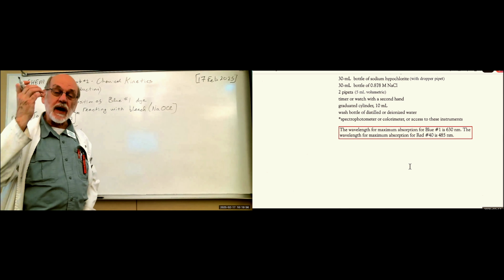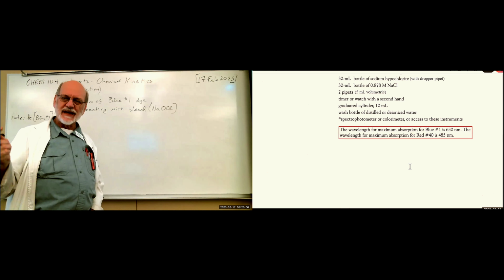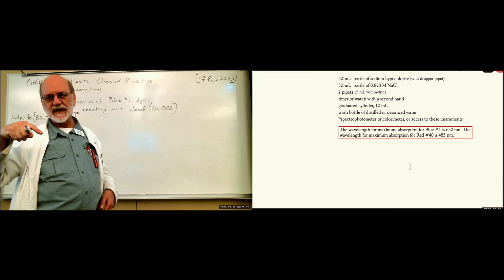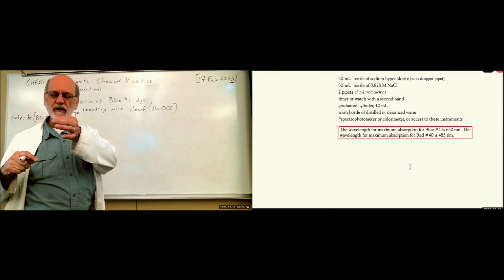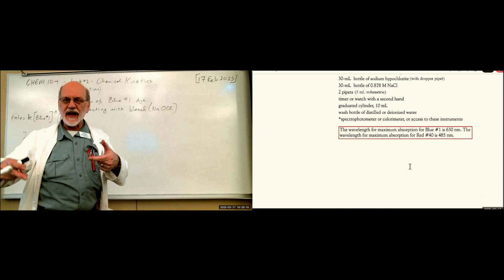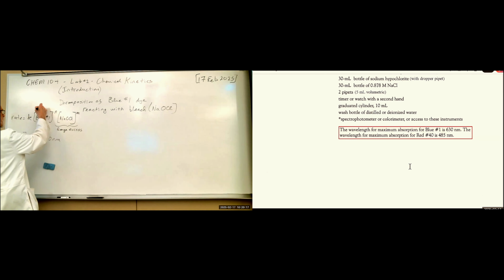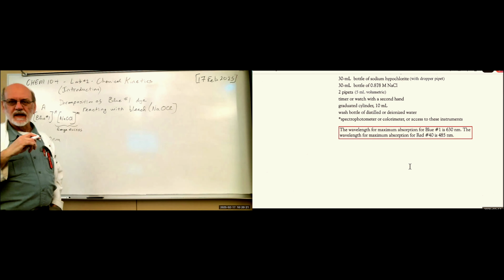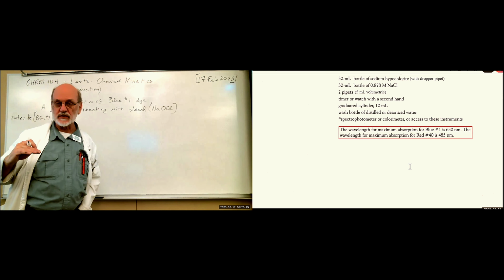So we're going to use a spectrophotometer, and the reaction itself is going to occur in the cuvette. That is the little glass or plastic container that goes into the spectrometer. So we're going to watch it over time as it progresses, and the absorbance is going to decrease gradually as the blue decolors.